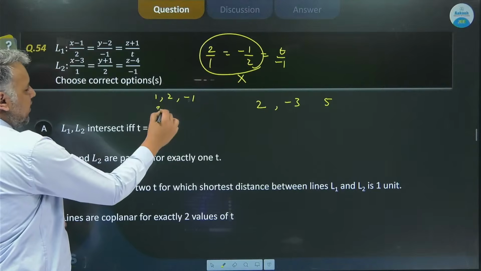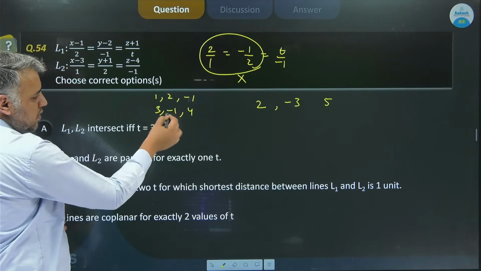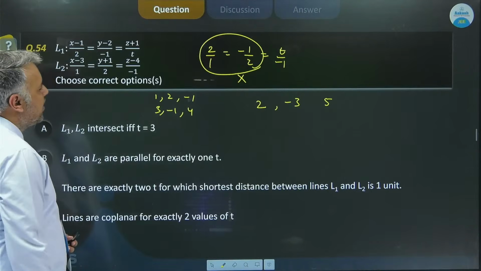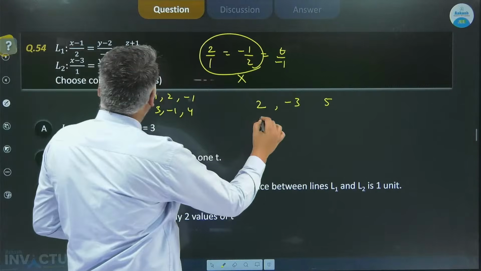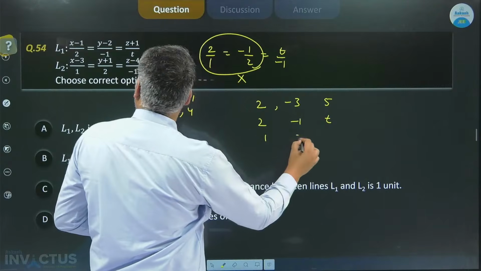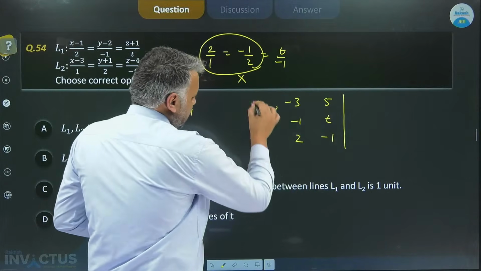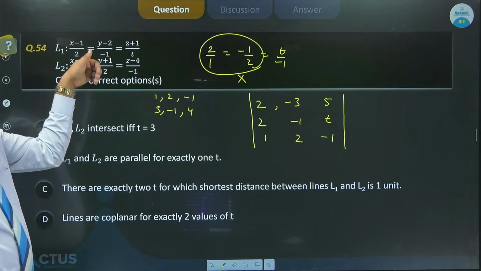Here the points are 3, minus 1 and 4. We are taking the difference only. So difference is 2, minus 3 and 5. And the directions of L1 and L2 are 2, minus 1, t and 1, 2, minus 1. Now this is the scalar triple product of A1 minus A2, B1 and B2.